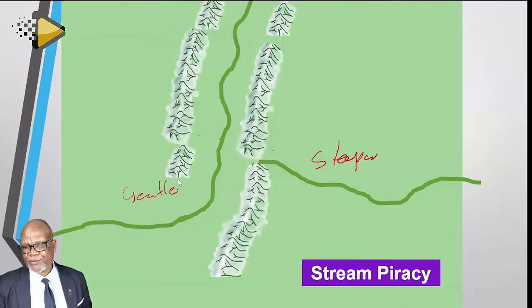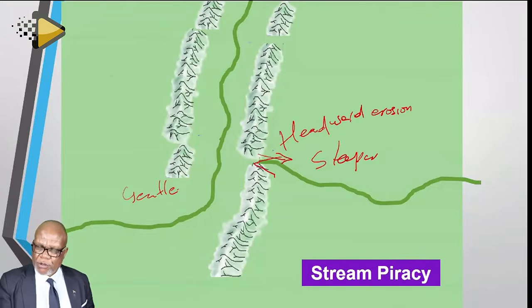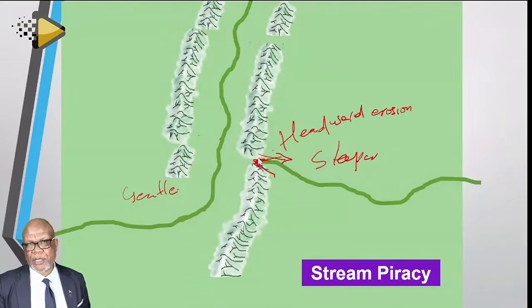Now, when this river flows in this direction, what do you call this process? We call it headwater erosion. What is headwater erosion? This water is flowing in this direction, but erosion is taking place in the opposite direction.